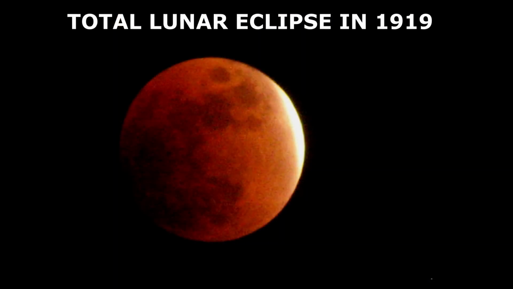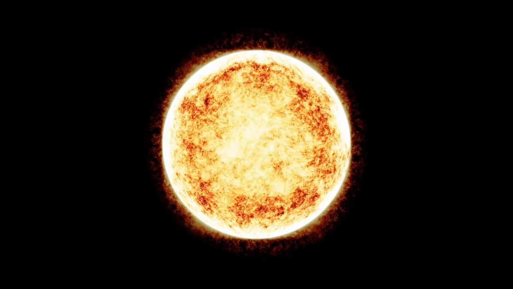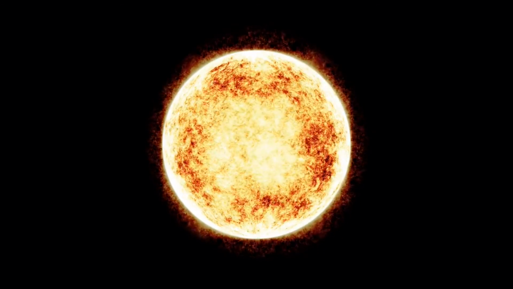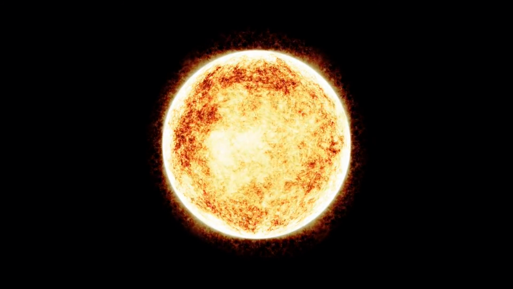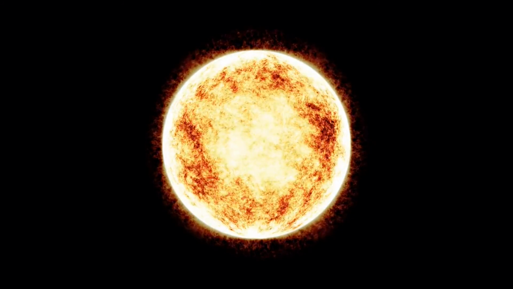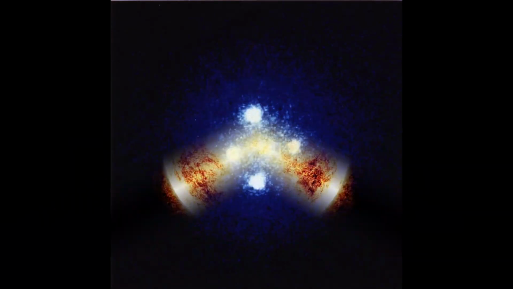The effect was first demonstrated during a total solar eclipse in 1919, when the position of stars near the sun were observed to be slightly shifted from the usual position. This was caused because when the stars' light passed close to the sun, its gravity made the light from the star bend, which made the slight difference in the position of the star.